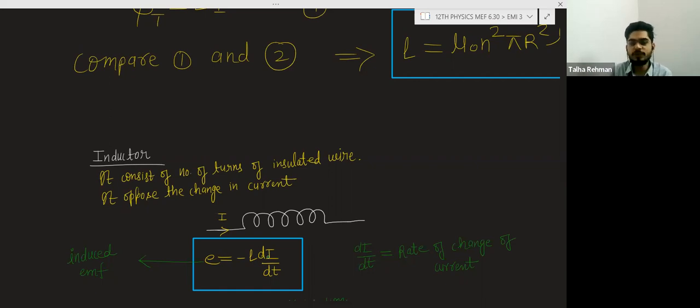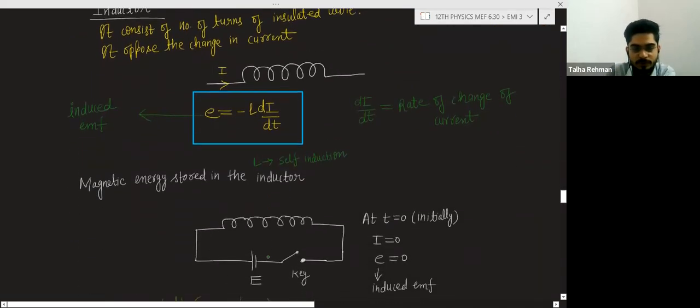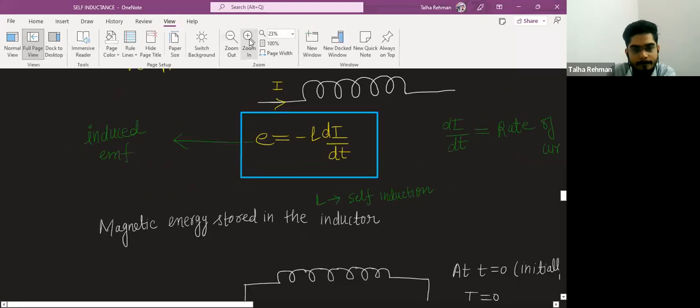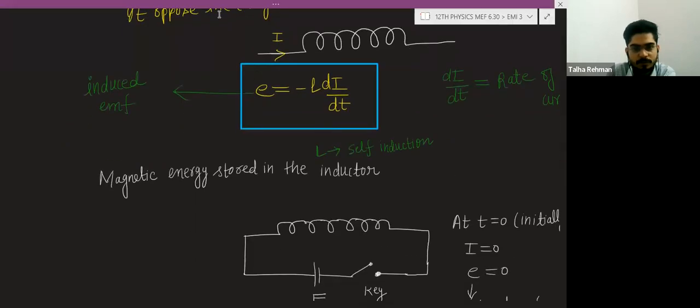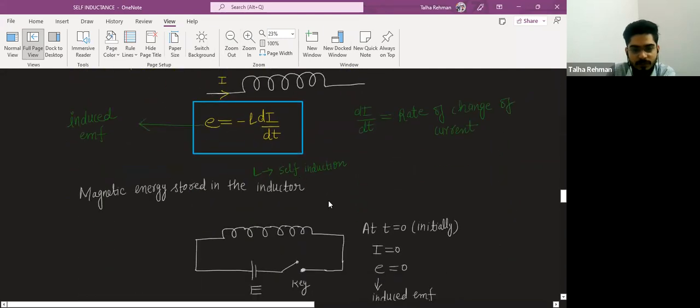So basically now we will see the magnetic energy stored in the inductor. I have already made the diagram and all that.